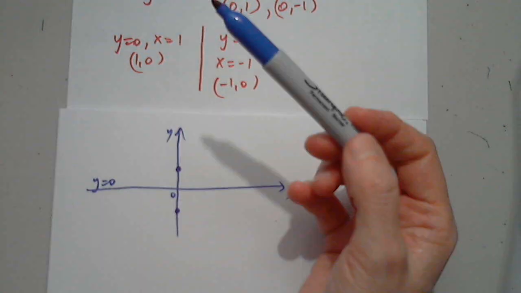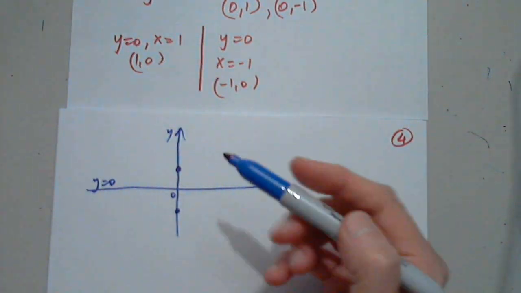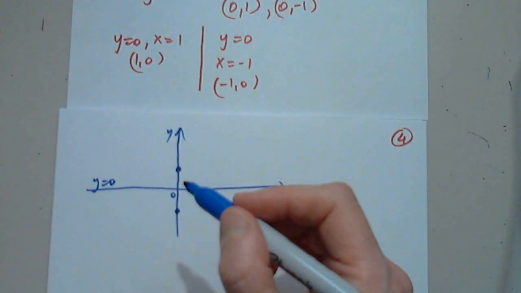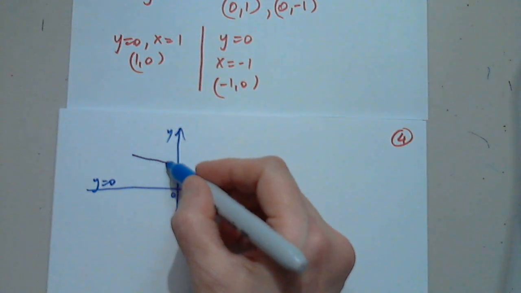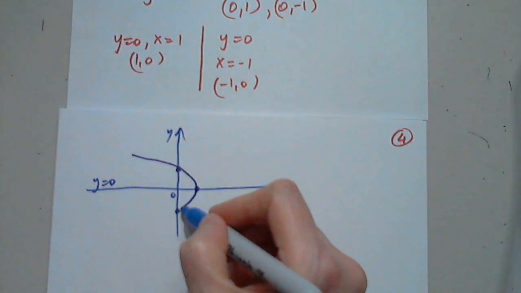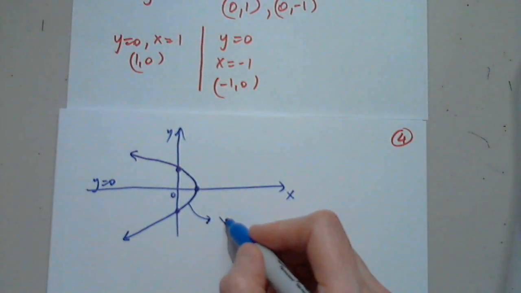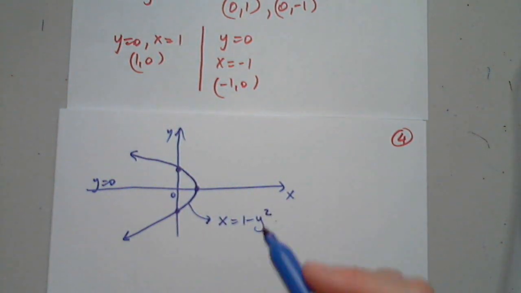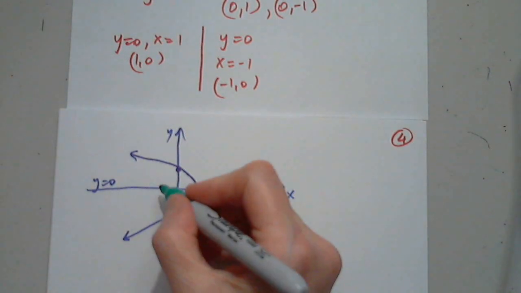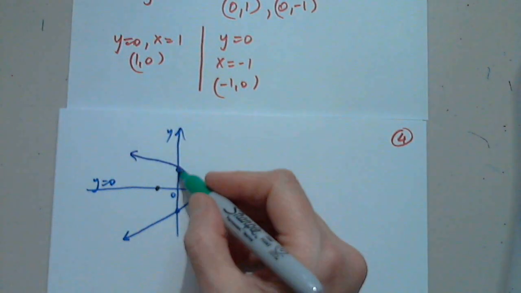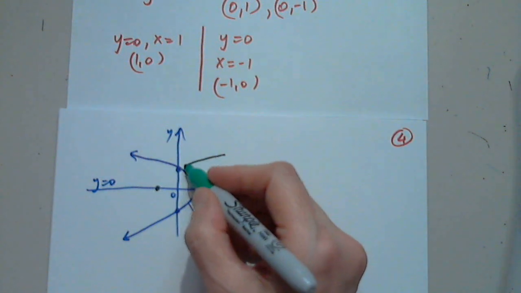The first one has the vertex at (1, 0), and it goes this way. Solved for x, x equals 1 minus y squared. The other one has the vertex at (-1, 0), and it has to pass through the same coordinates.